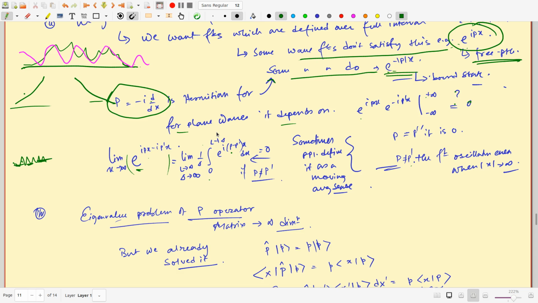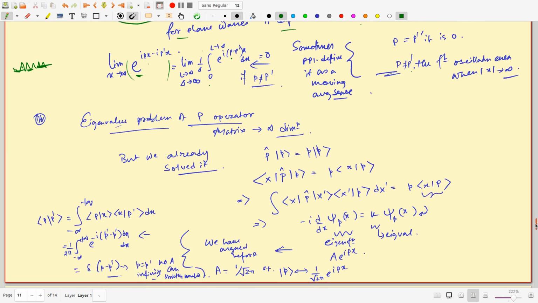Because of uncertainty, you will never be able to measure a precisely p momentum particle, and that's why uncertainty will save you from this anomaly in physical situations. But nevertheless, this mathematical inconsistency is there, though it doesn't pose any issue in the physical theory.